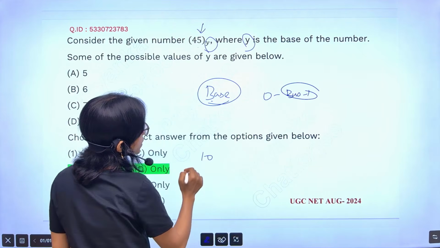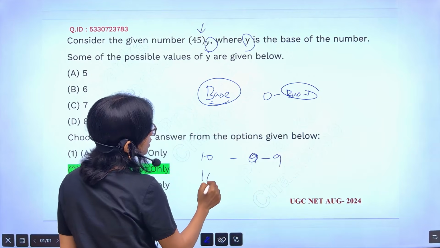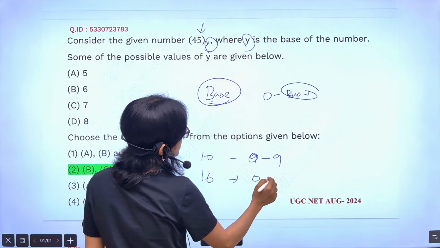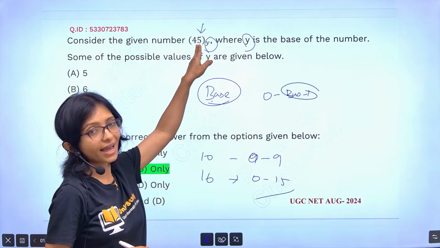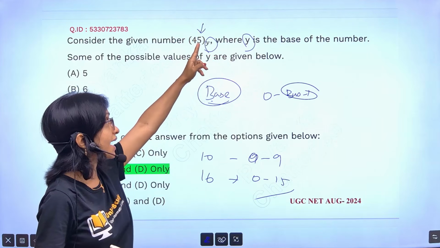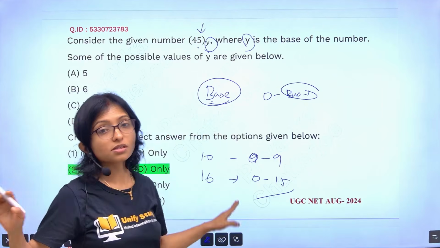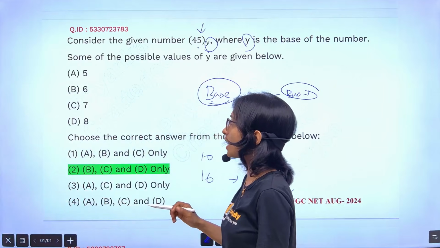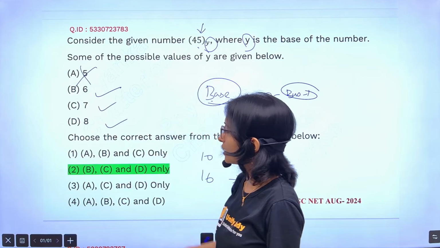Because when I am doing base 10, my range is 0 to 9. When I am doing base 16, my range is 0 to 15. So by looking at the highest digit I can understand the base should be greater than 5. Because the highest digit is 5, base should be greater than 5. It is not possible to be less than or equal to that. So definitely you can eliminate those answers. It can be 6, 7, 8.